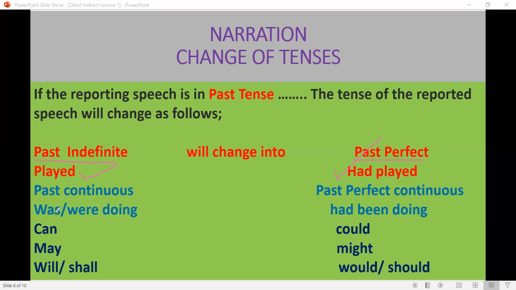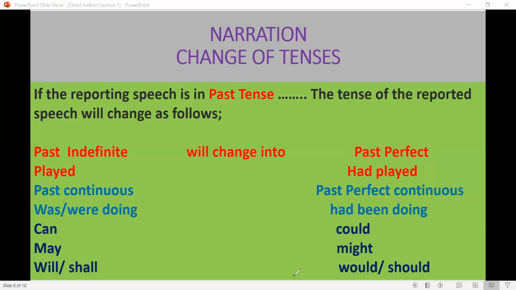Past continuous was, were doing, was working, were going, will be changed into had been doing or had been working. Can will be changed into could, may will be into might, will, shall will be into would and should. These are the changes we make if the reporting speech is in past tense.